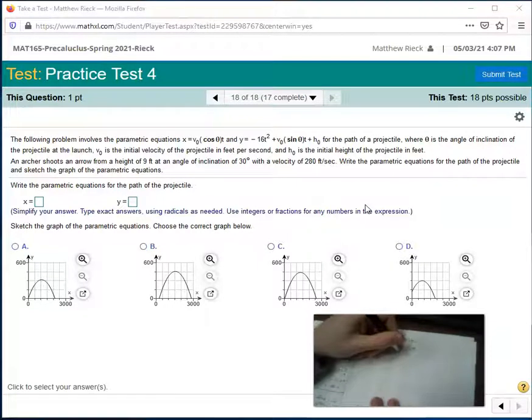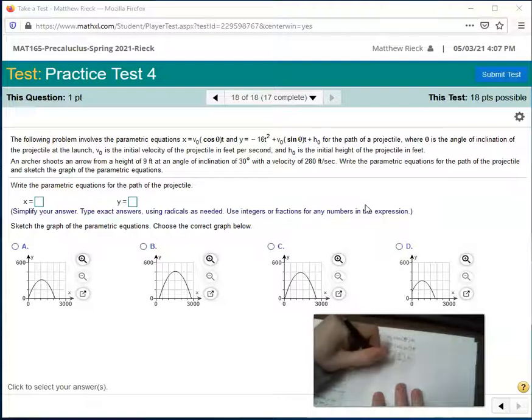which cosine of 30 is going to be, I think that ends up being square root of 3 over 2. I think that's what we end up with. Yep. So here the 280 and the 2 will cancel. So I have 140 square root of 3 times t.